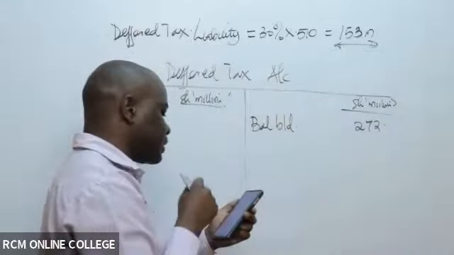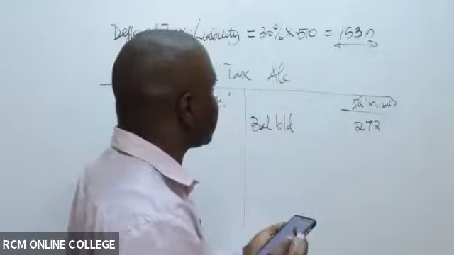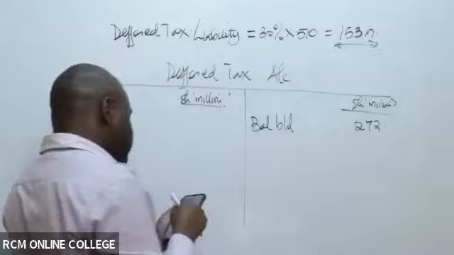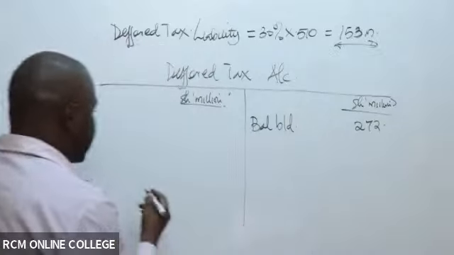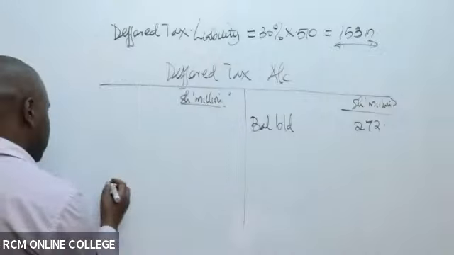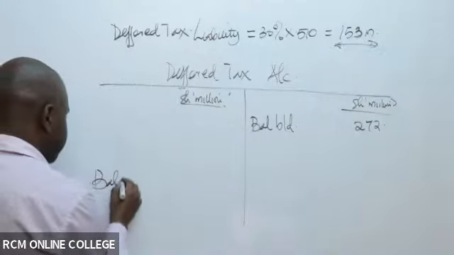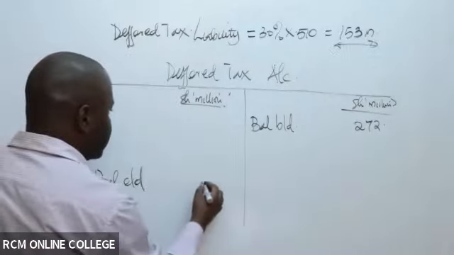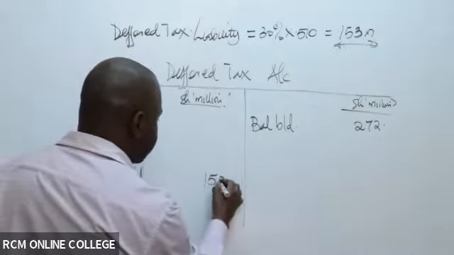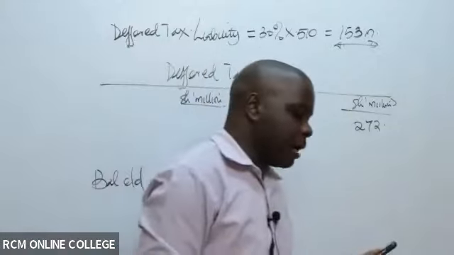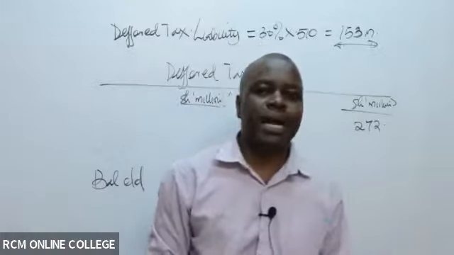The balance carried down of the deferred tax liability is exactly what we got, 153 million. But now there's something about property, plant, and equipment.